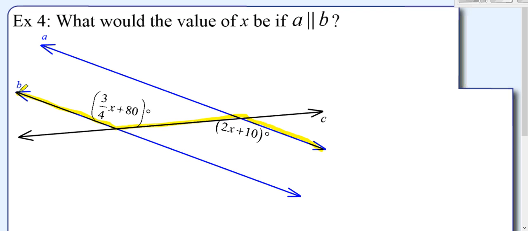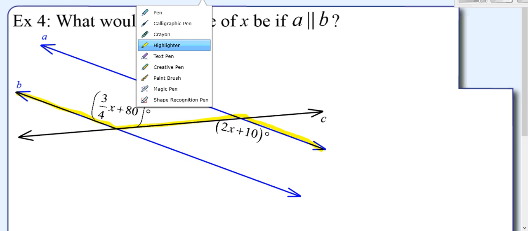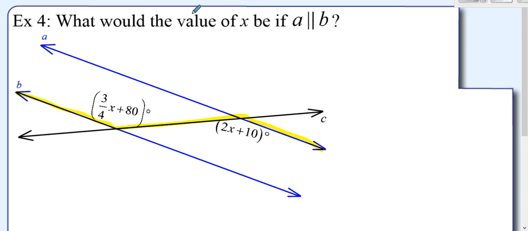So they are alternate interior, which means they are congruent or equal to each other. So 3 over 4 x plus 80 equals 2x plus 10.